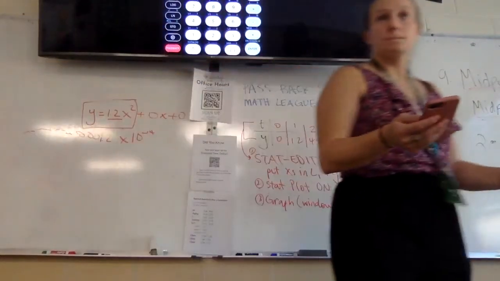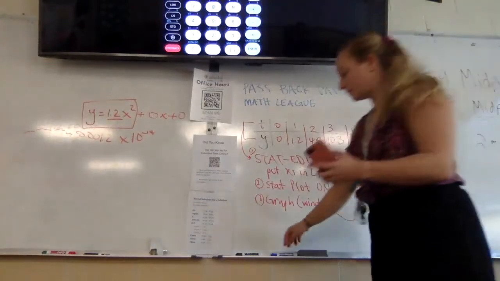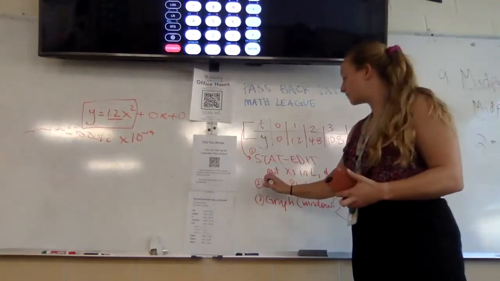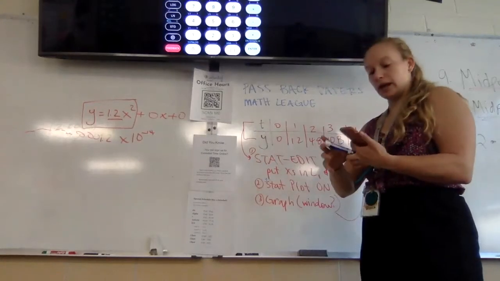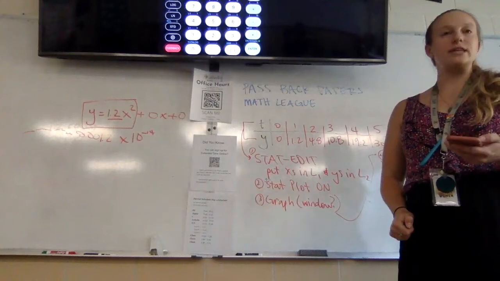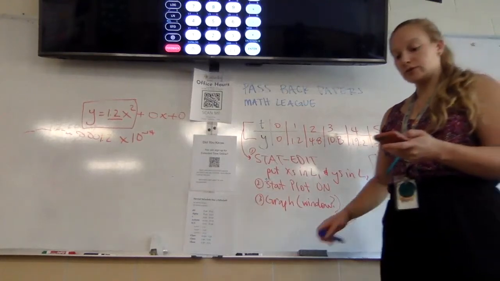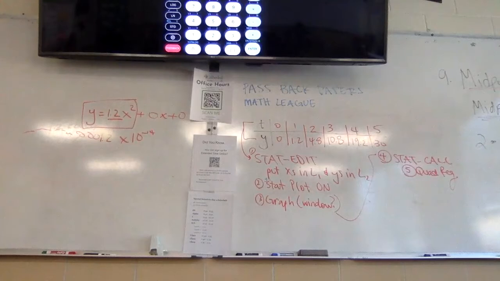Oh, wait, how do you get to the stat plot? You go to y equals. Oh, so that's just the. Oh, wait, this isn't right one then. Do I have to do a second for that? You can, if you do second y equals, it tells you to turn your stat plot on. But if you just go to normal y equals, that one says off, so I would click enter on that, and then press enter to turn it on.